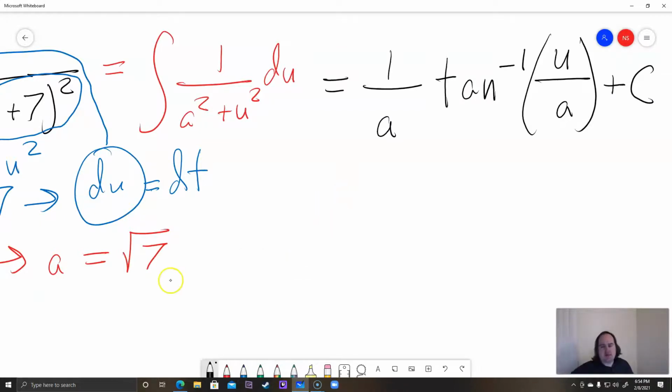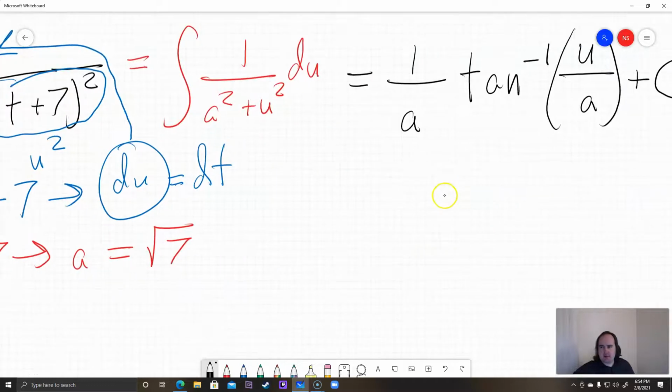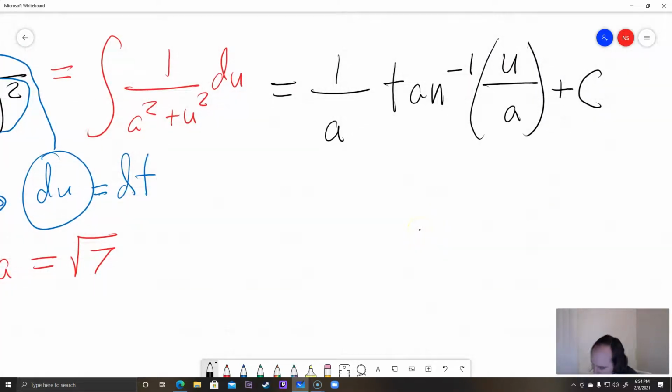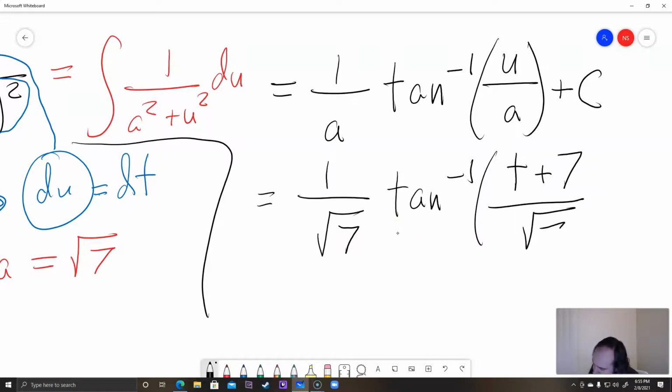Okay, and then here in this problem, a is the square root of 7, and u we said was actually this right here, which is t plus 7. So in this problem we're actually going to end up with 1 over the square root of 7 times tan inverse of, well, u we said was t plus 7, so that's going to be t plus 7 over the square root of 7 plus c.